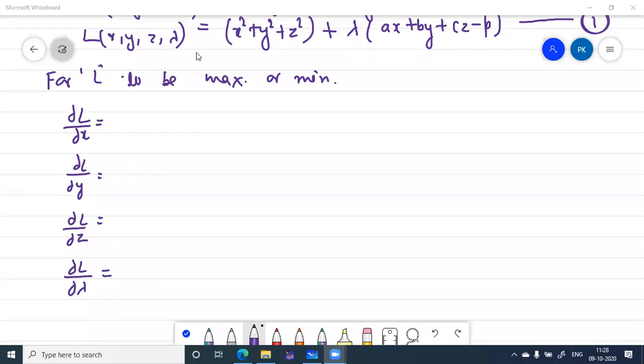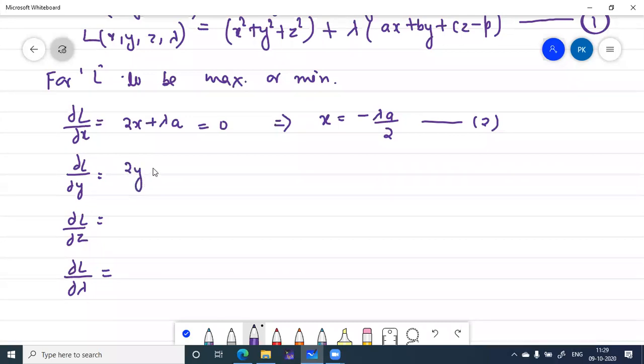So what is the value of del L by del x? Partially differentiate with respect to x. It's 2x plus lambda a equated to 0. So we get x equals minus lambda a by 2. In the same way, del L by del y: partially differentiate with respect to y. It's 2y plus lambda b equated to 0, so y equals minus lambda b by 2.